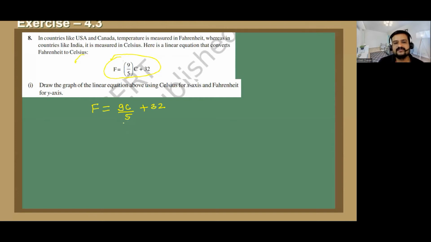So what I'll do, I'll first do the cross multiplication here. So F will be what? 9C plus 5 into 32, which is 160, upon 5. Now I'll shift this 5. So what will it become? 5F will be equal to 9C plus 160. So it becomes 5F minus 9C is equal to 160.